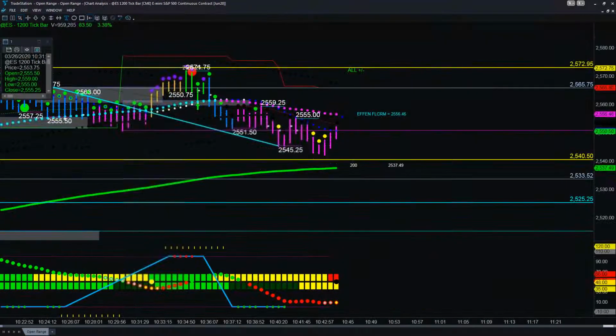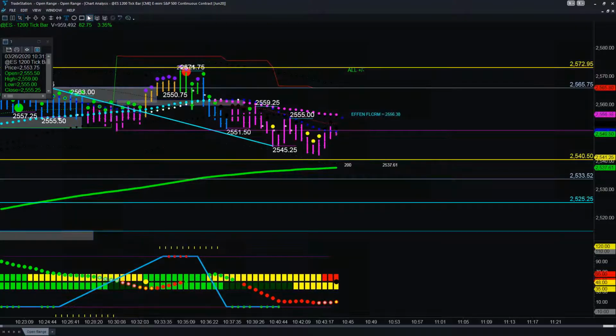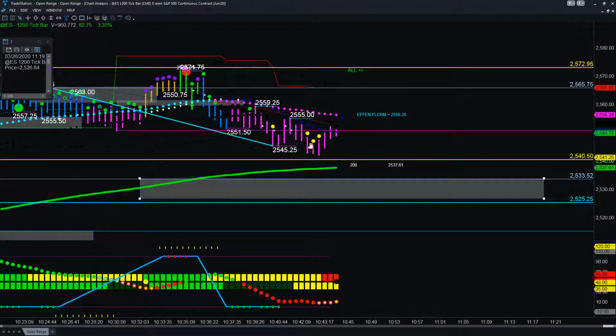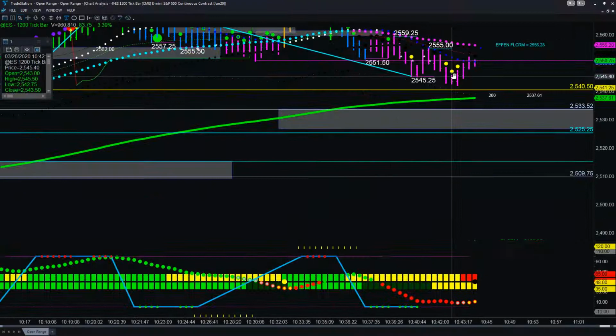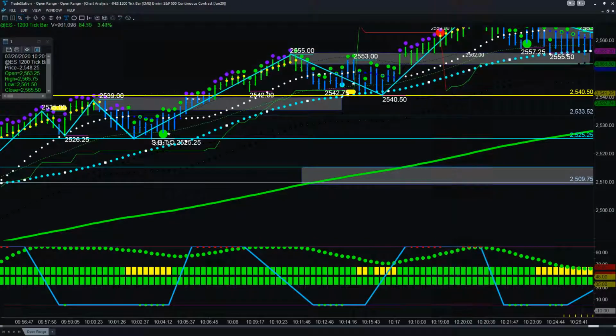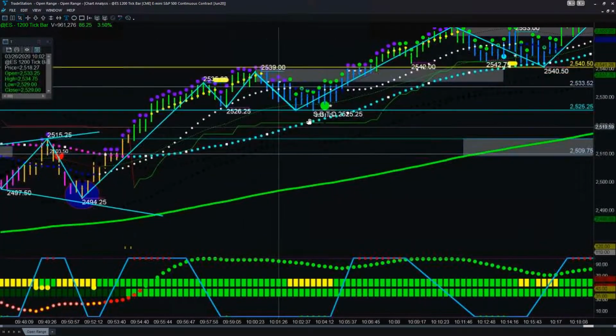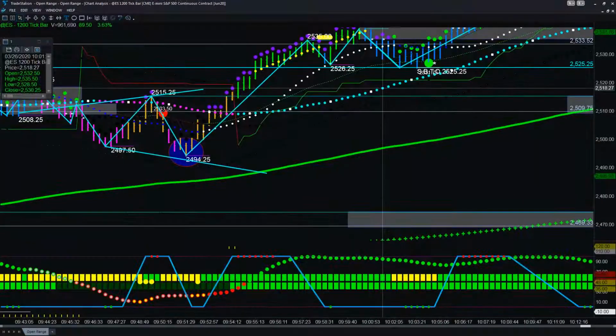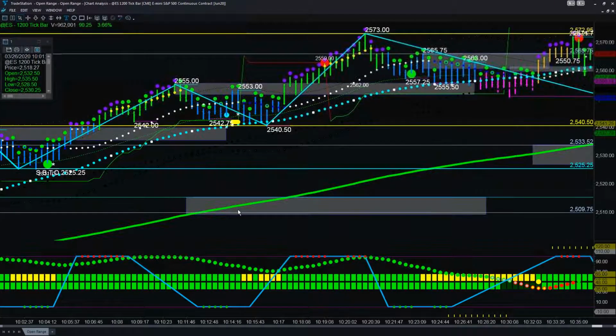So unless they keep running this, we have two untested pivot areas. This one.